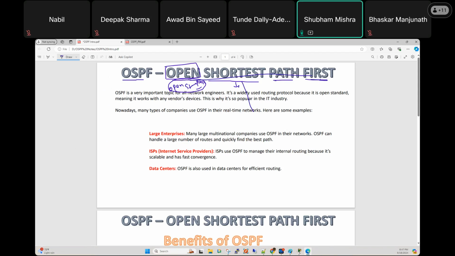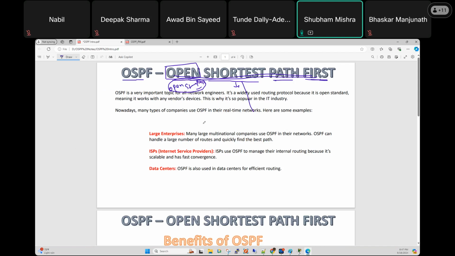Am I right or wrong? So when I am reading only this, Open Shortest Path First, I get that this is open standard, and OSPF is the protocol that chooses the shortest path to reach the destination. And now the question is how OSPF chooses the shortest path.